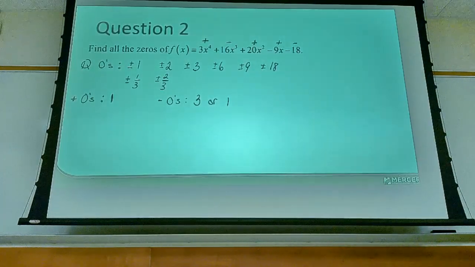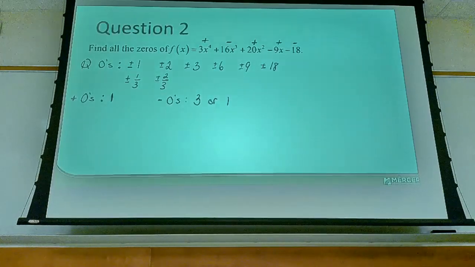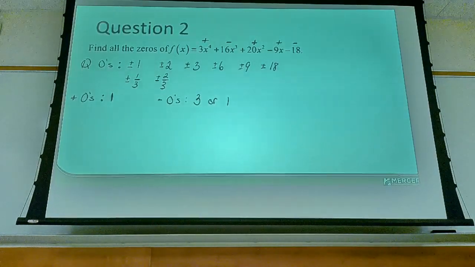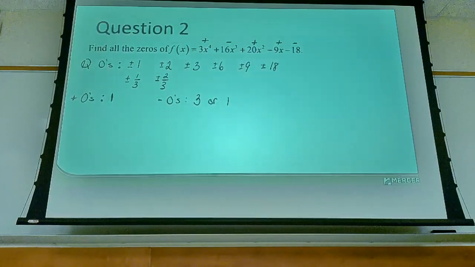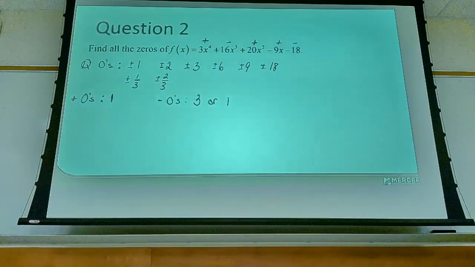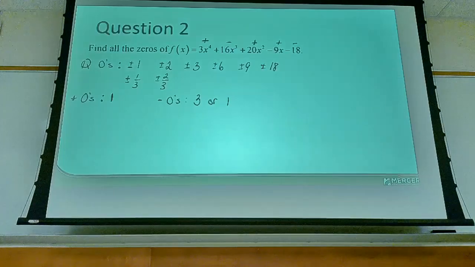Or 4, 6, 8. The idea is you keep going down until you're going to get a negative, right? So what's 3 minus 4? It's -1, which doesn't make sense. You can't have a negative number of zeros. So say you had 5, then you'd have 5, 3, or 1, because it'd be 5 minus 2 and then 5 minus 4.